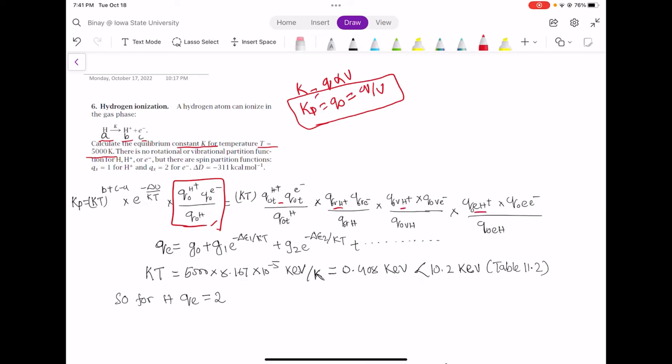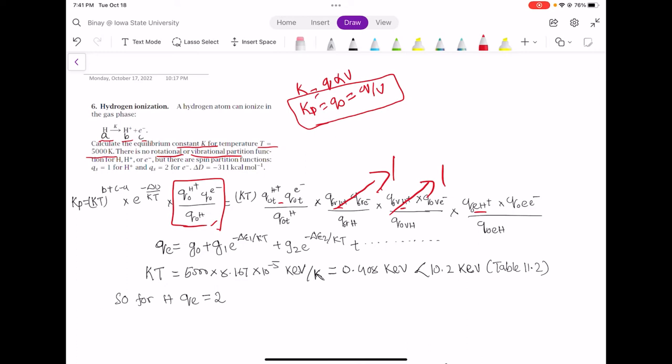We got information that there is no rotational or vibrational partition function. That means it's 1, or we can ignore these. But there is a spin partition function, and there is no information about the electronic partition function.